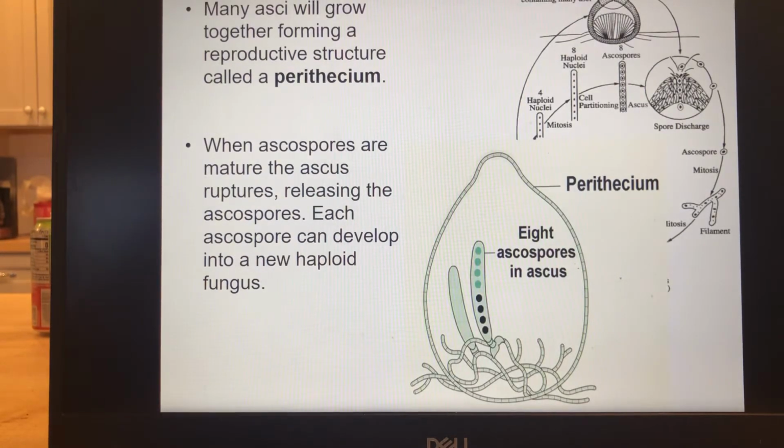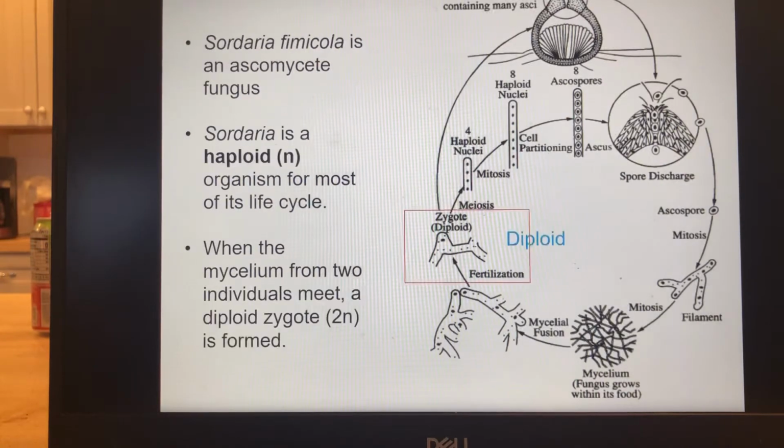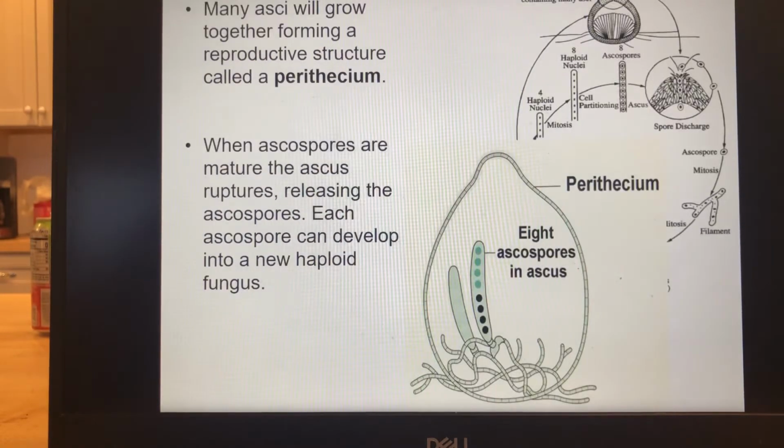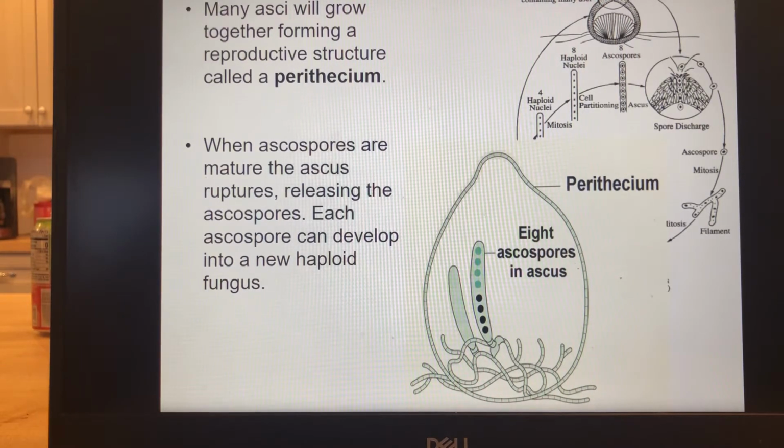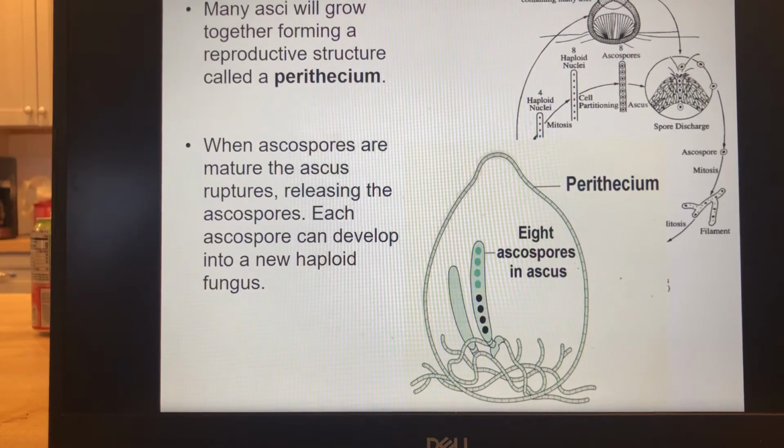All right, so there's a lot of words that are used that can kind of confuse you right off the bat. The word asci are these spores. The asci, or the ascus is the singular form.